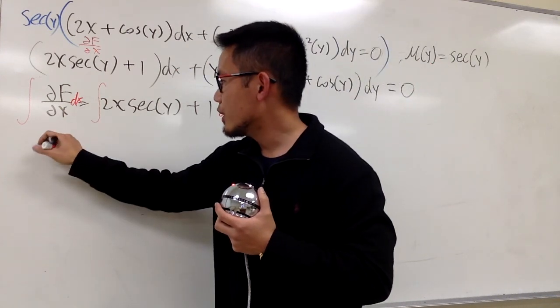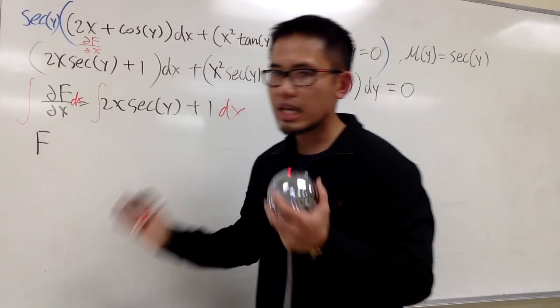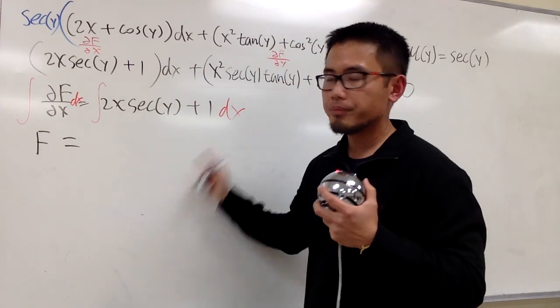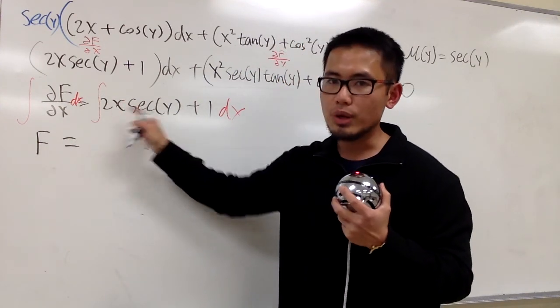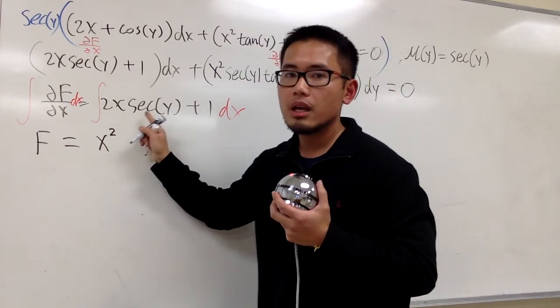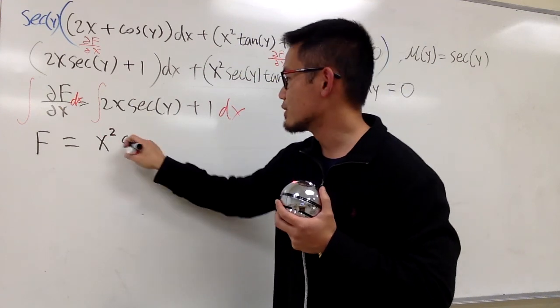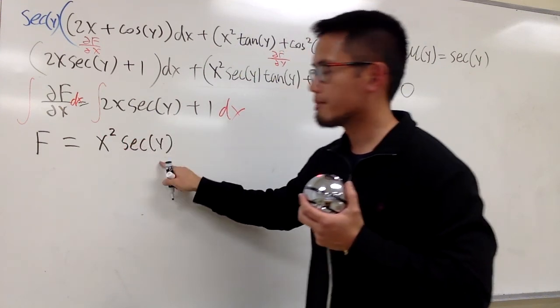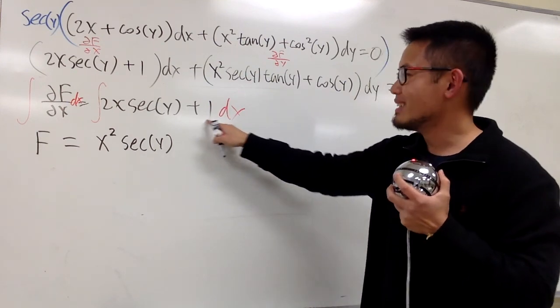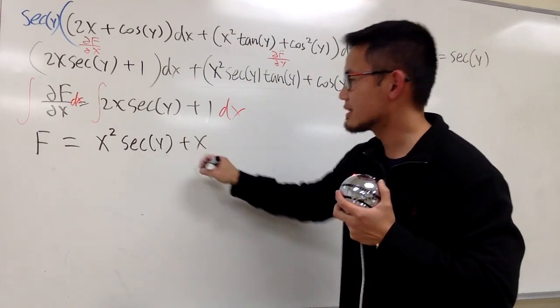So on the left hand side, you will get the function capital F. On the right hand side, x is the variable. We have to integrate 2x, which you get x squared. So let me write it down, x squared. Secant y is a constant, so it stays. So we have secant of y. And 1, the integral of 1 in the x world is just 1, so plus x.